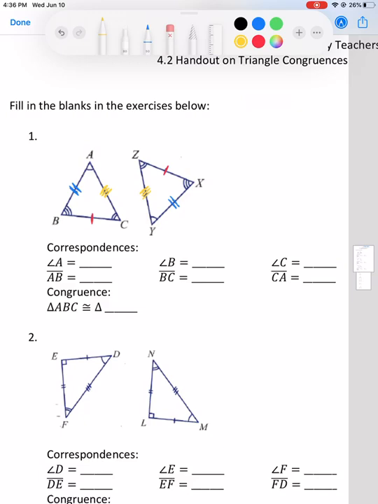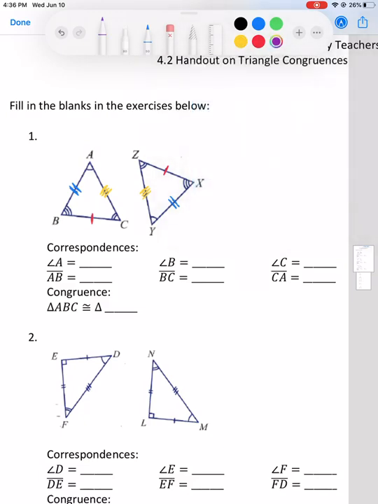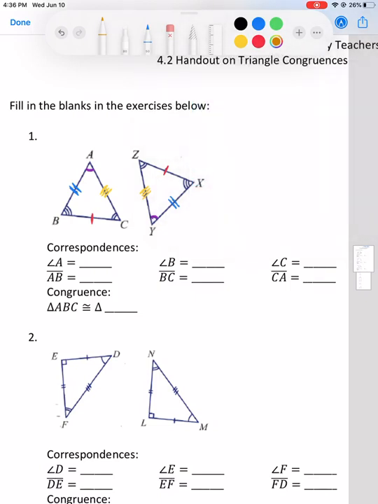Also, the angles are equal. We're going to go with purple. Angle A has one mark on its angle. So does angle Y. Those two angles between these two triangles are the same size. They're equal. Angle C and angle Z have two marks on their angles.